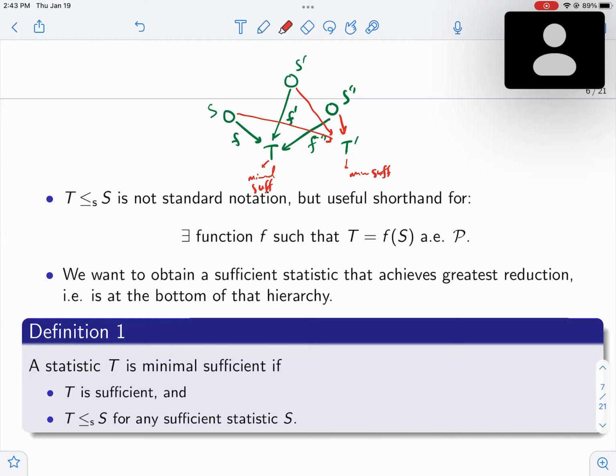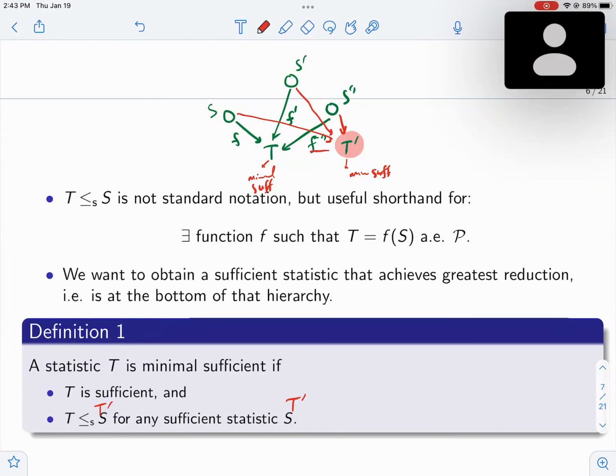This has these two properties, and this also has these two properties. Because t prime has these two properties, t prime is sufficient, right? And because of t, I can put t prime here, so t would be less than or equal to t prime.